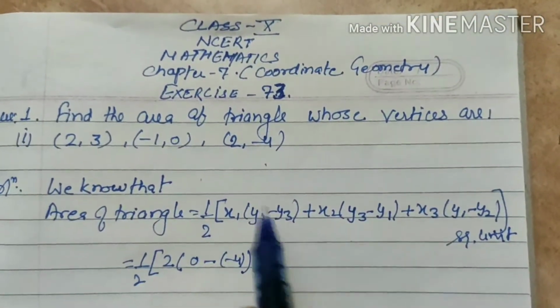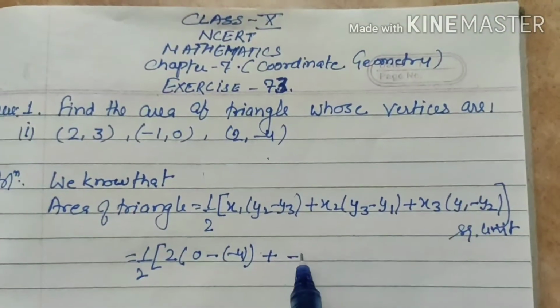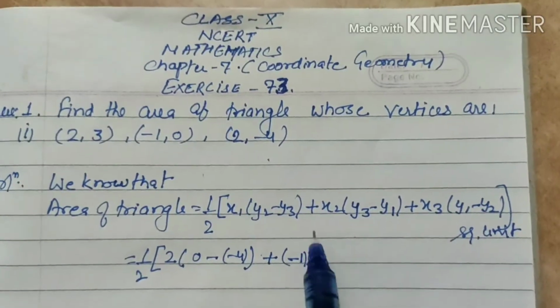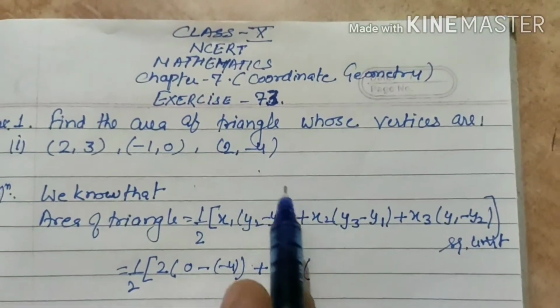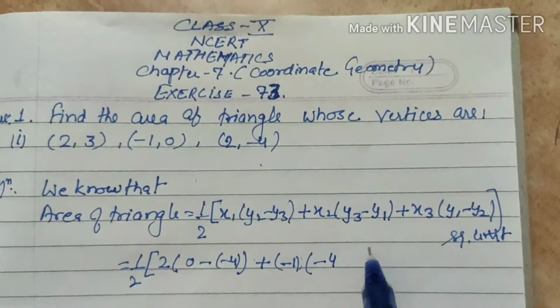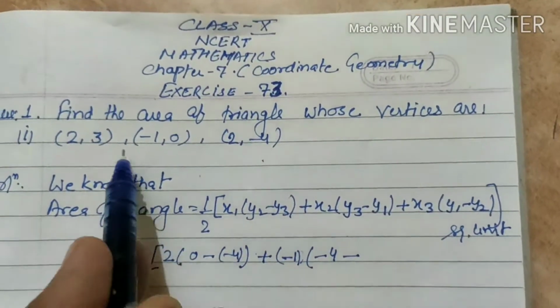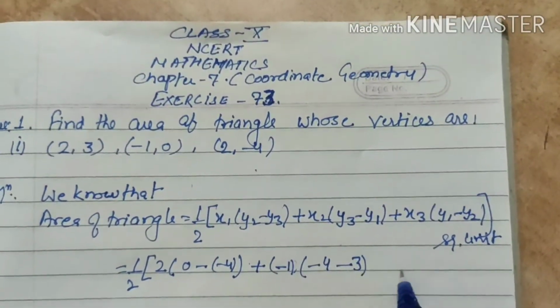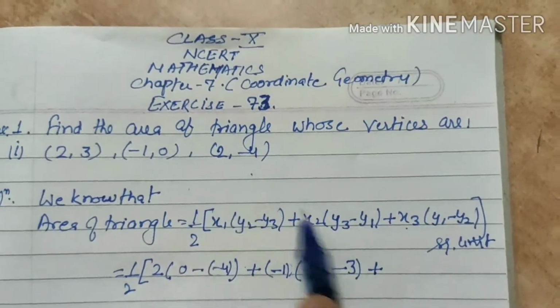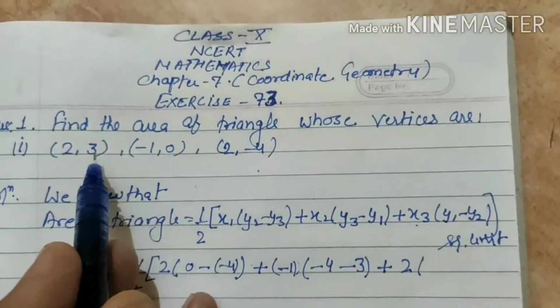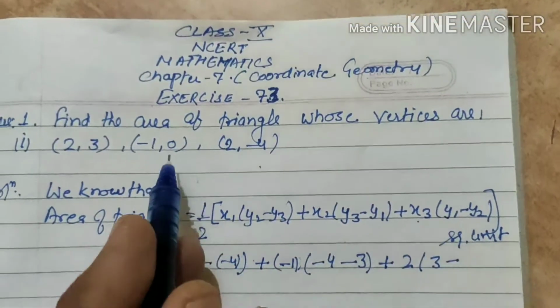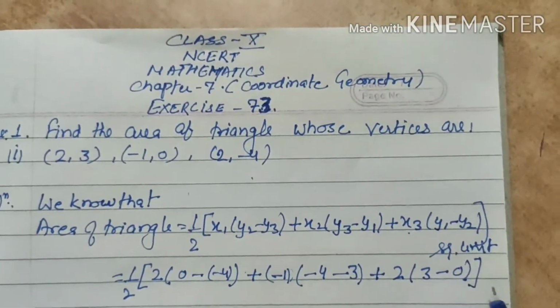Plus x2 that is minus 1, so minus 1 into y3, which is minus 4, minus y1 that is 3, so minus 4 minus 3. Plus x3 that is 2, so 2 into y1 that is 3, minus y2 that is 0. Now solve this.